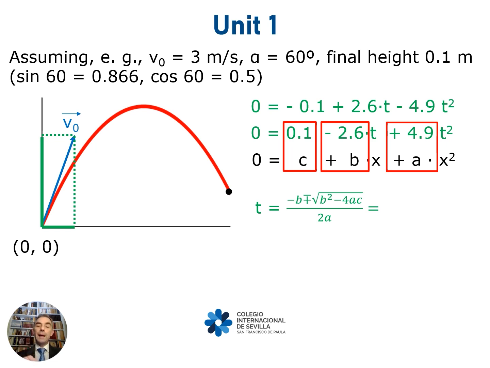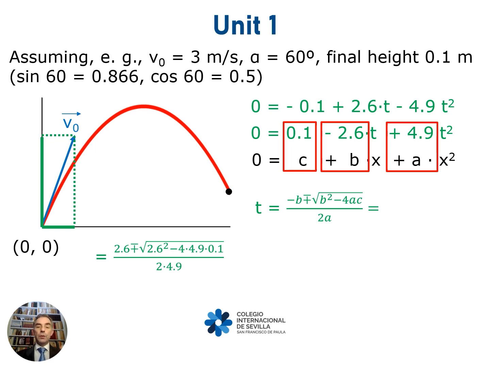If we now replace the values we have in our equation in this expression, minus b being minus minus 2.6 equals 2.6, minus plus the square root of b squared, minus 2.6 squared, minus times minus is plus, it's the same as 2.6 squared, minus 4 times a, which is 4.9, times c, which is 0.1, all that divided by 2 times a, which is 4.9.